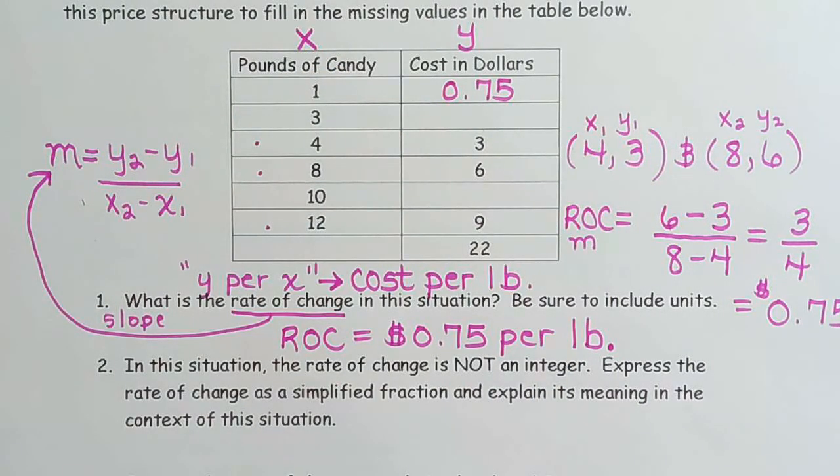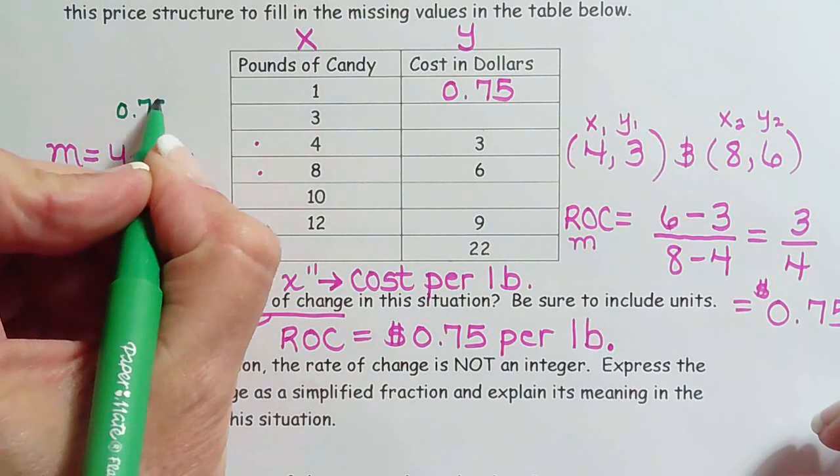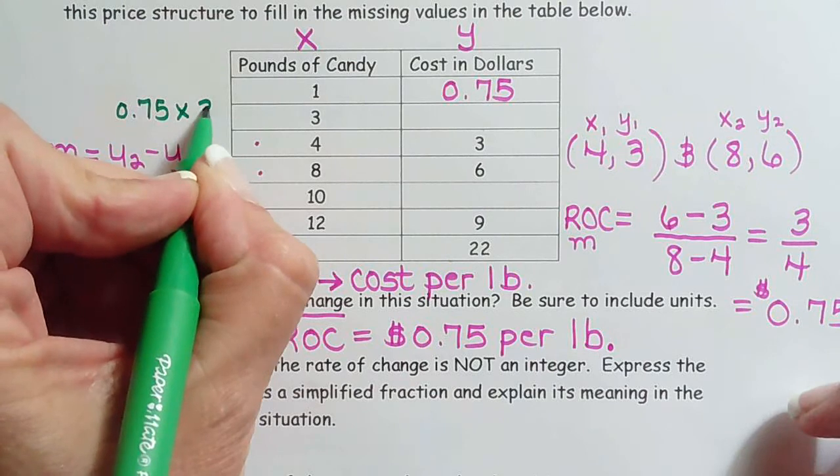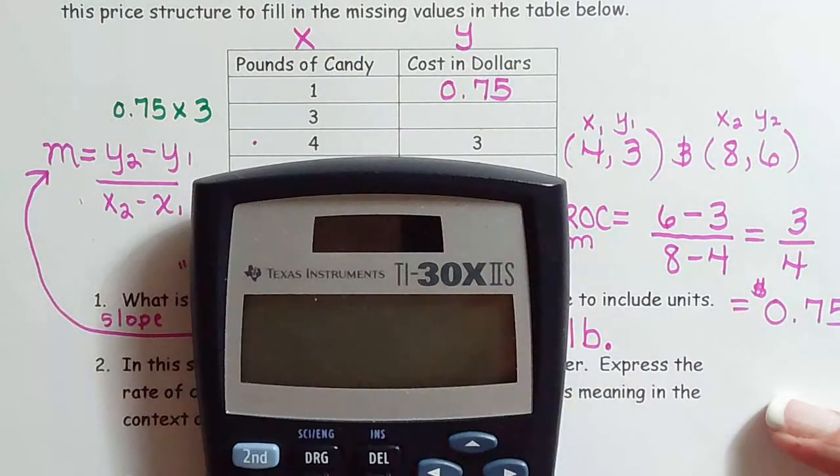So how would I find the cost for 3 pounds? 75 cents times 3, right? So let's get our calculators out. I think that's 225, but 0.75 times 3. Yep, $2.25.